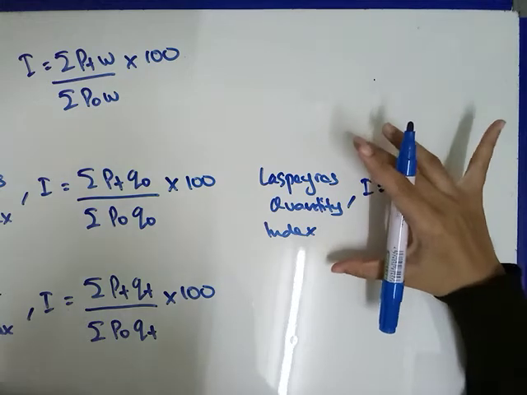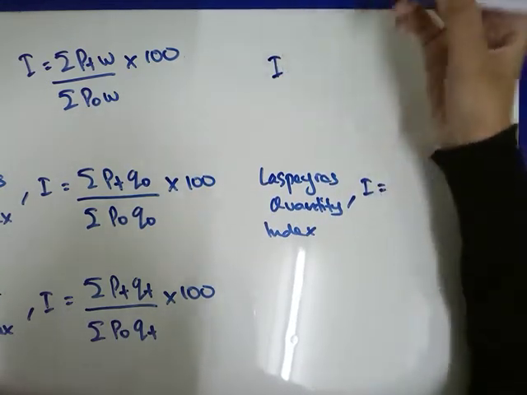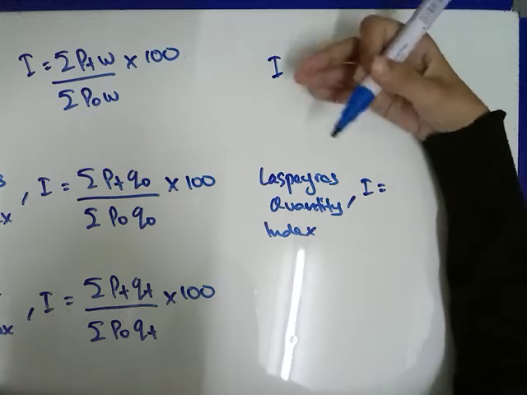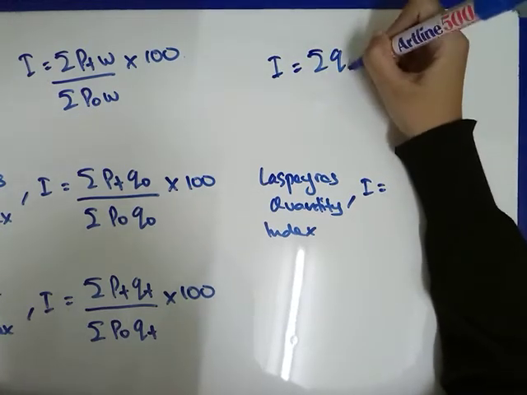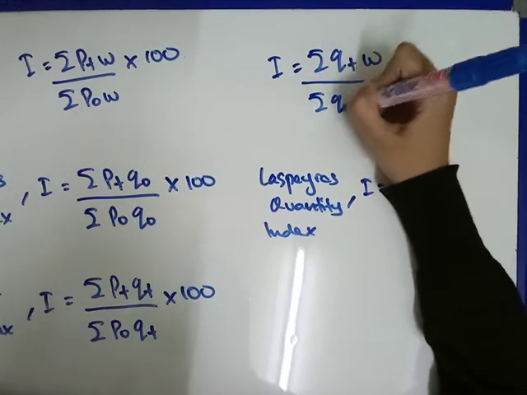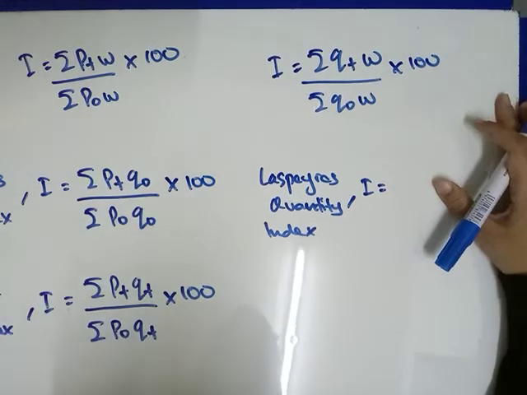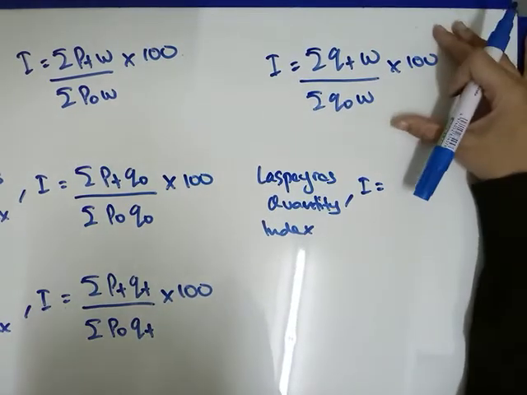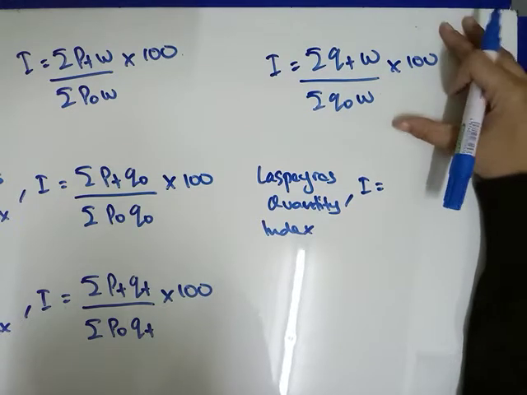Bila kita nak dapatkan Laspeyres quantity index, we need to use the formula weighted aggregate quantity index. Total QT times weight divided by total of Q naught times weight multiply 100. So yang ni formula yang before this. Weighted aggregate quantity index.